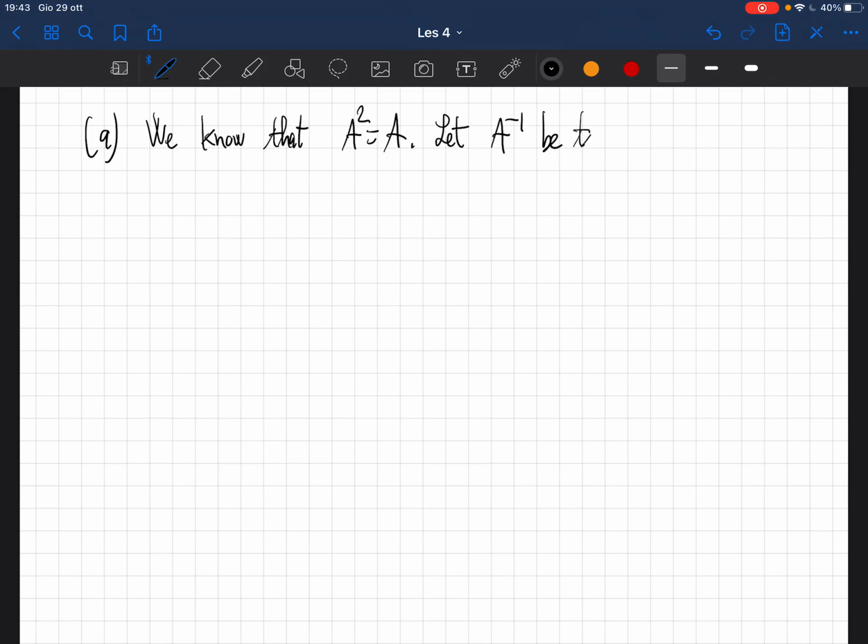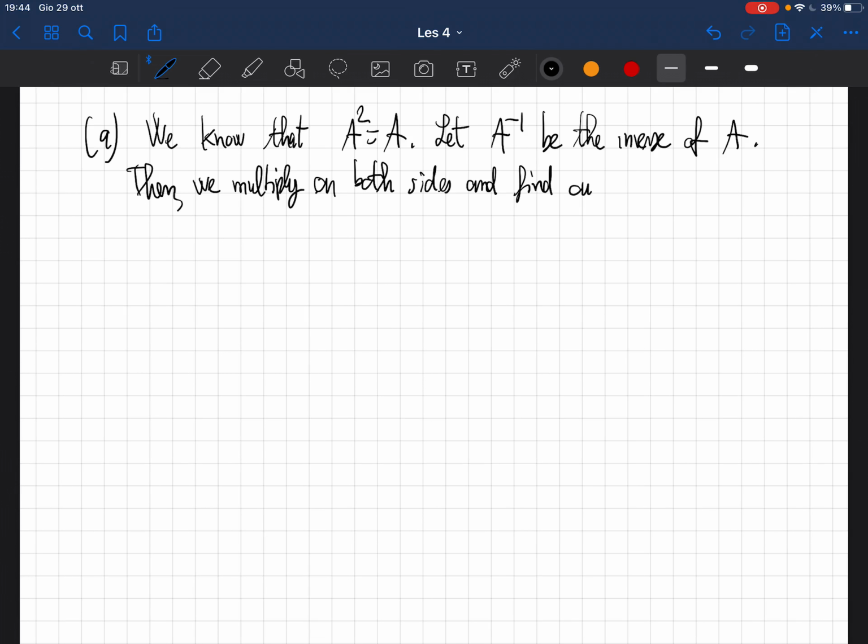Let A minus 1 be the inverse of A. Then we multiply on both sides and find out A minus 1 A squared.